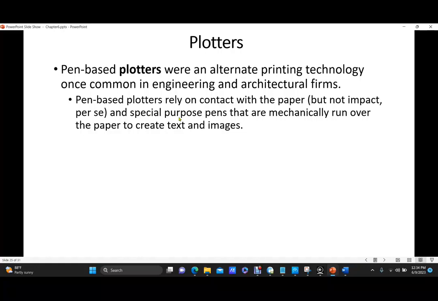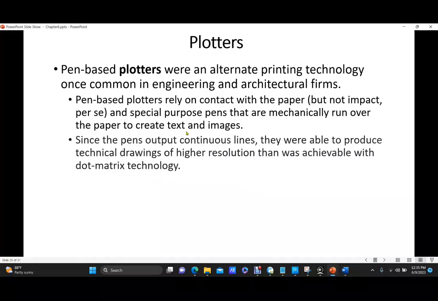Special purpose pens are mechanically raised and lowered so that as they move, they either make a mark on the paper or not. Their movement then draws text and/or images on the paper.